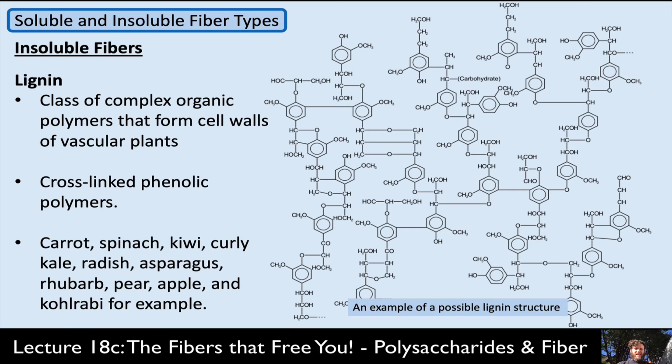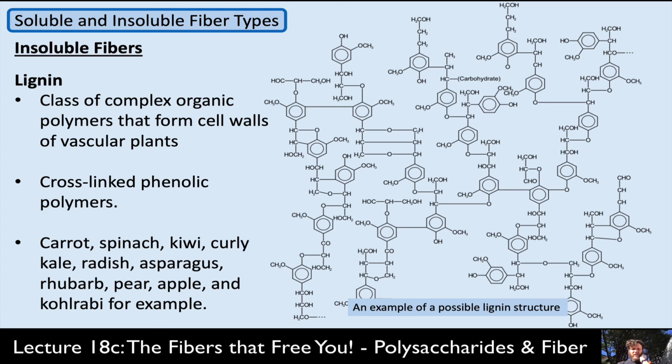All right, and this nasty bit here, this is lignin. Lignin is a whole class of wicked complex organic polymers that form the cell walls of different vascular plants. So like asparagus, for example, or broccoli, et cetera.